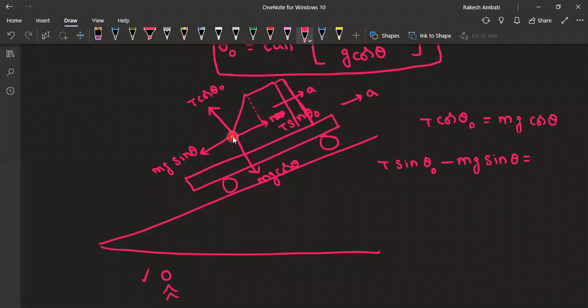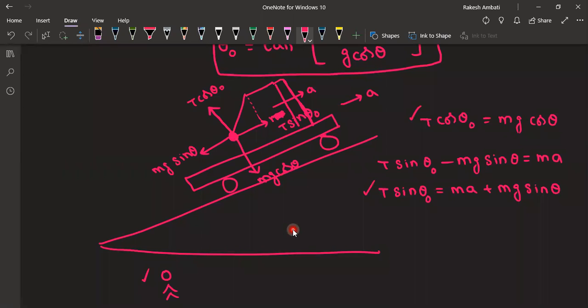Resultant force means mass into acceleration. Therefore, from this equation, the negative value on the left goes to the right-hand side and becomes positive: T sin theta naught equals ma plus mg sin theta. You verify with the previous solution whether we got the same equations or different equations. Same equation. So, got the method now?